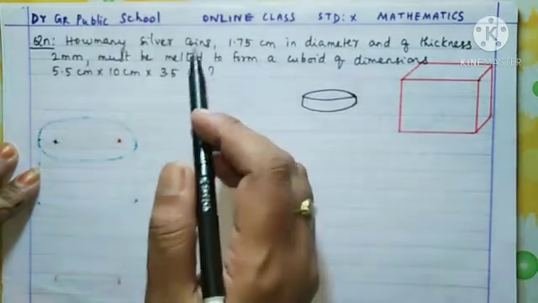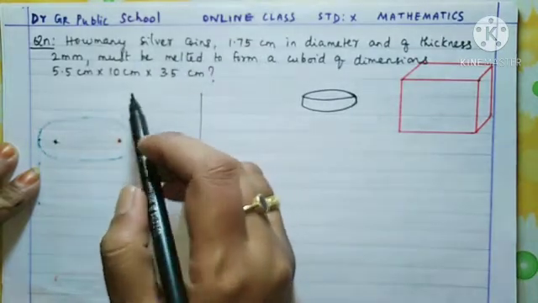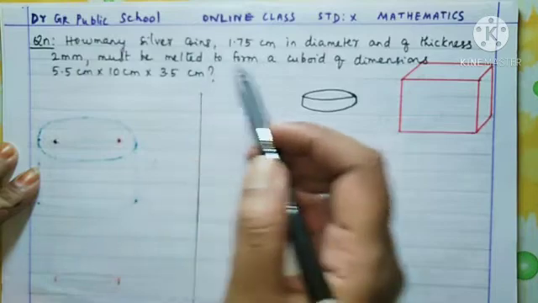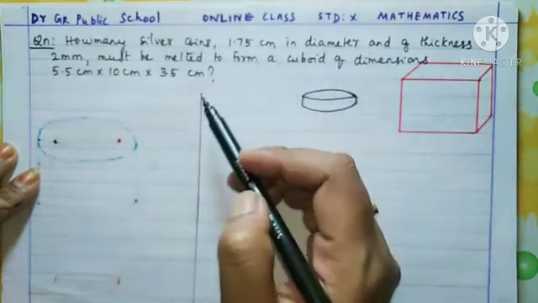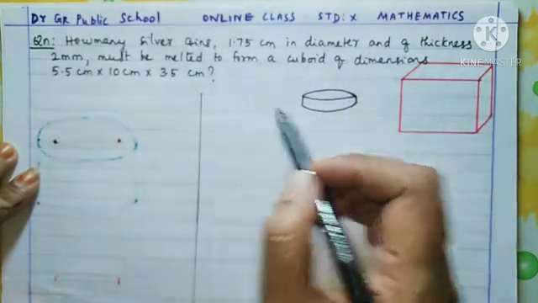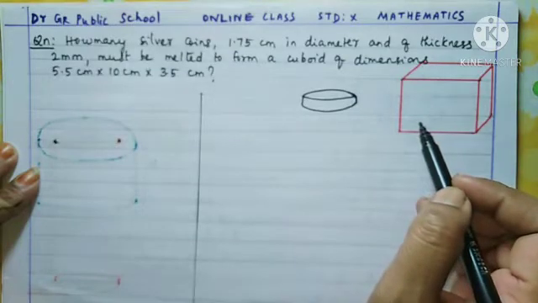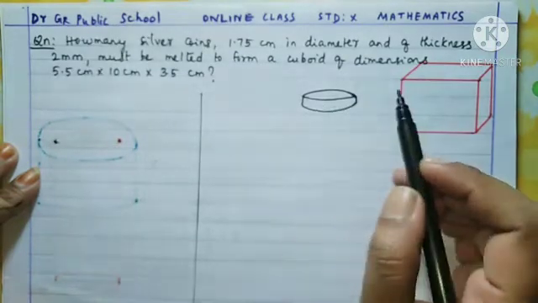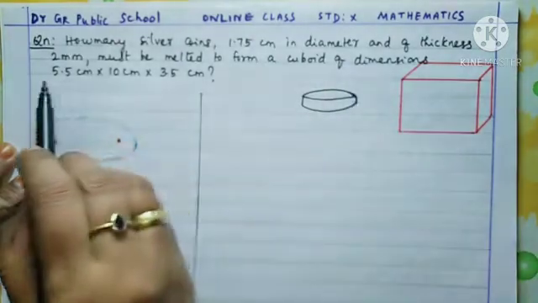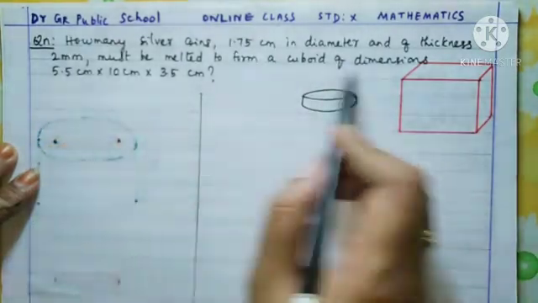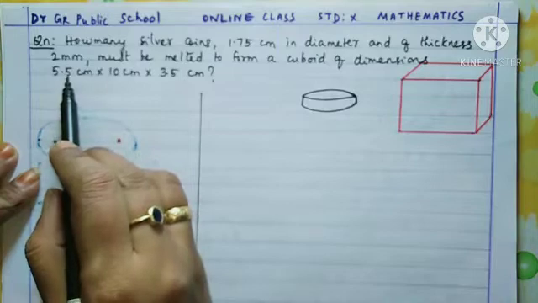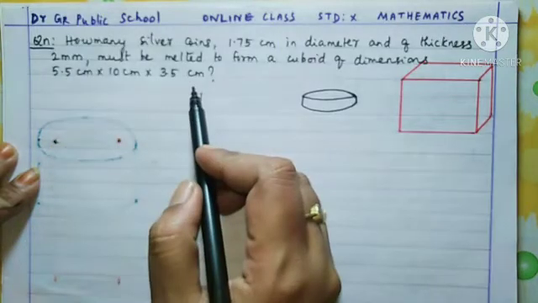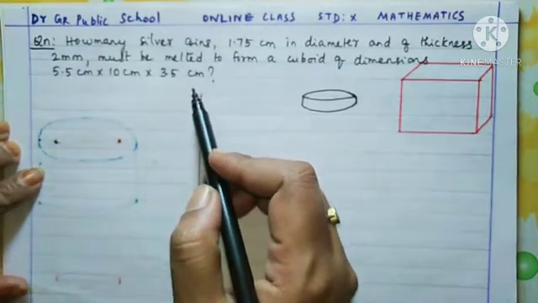We want to find how many silver coins there are, and these silver coins are melted. When they are melted, we form a cuboid. So silver coins are melted to form a cuboid of the given dimensions. Dimensions of the cuboid means length, breadth and height.